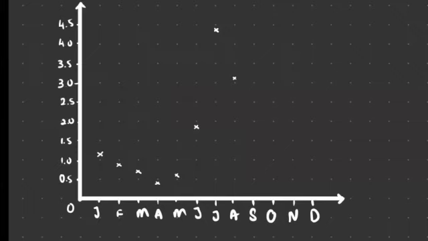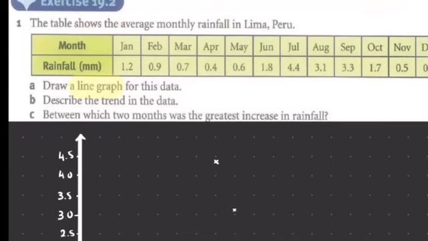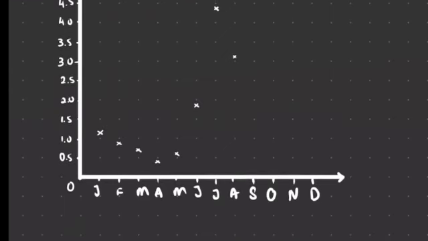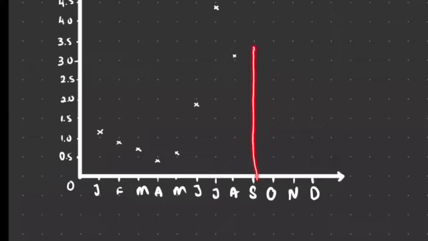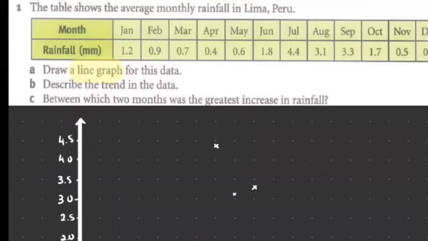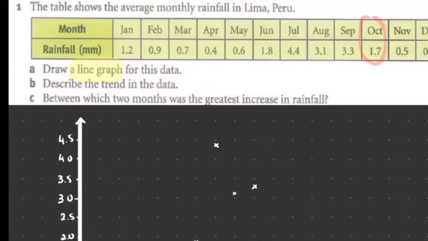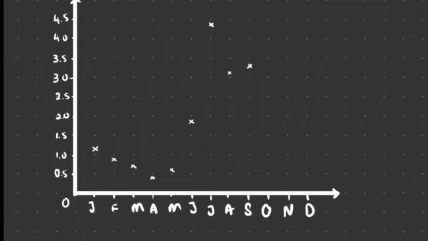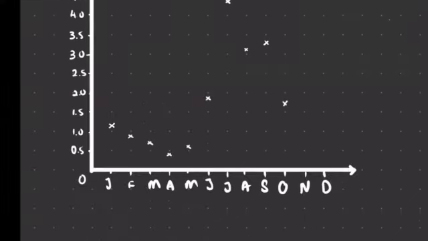Then we have September, 3.3. Yep. October, 1.7 is here. November, 0.5.